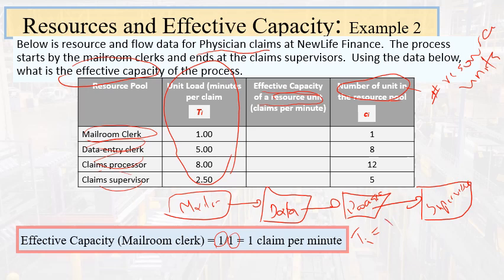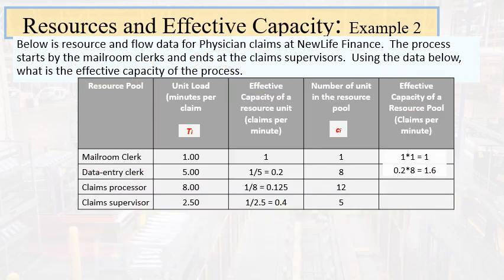So remember, the effective capacity is equal to 1 over Ti for one resource unit. And then for the pool, we just multiply that by Ci, just like we did in the previous example. So we get 1. Now we move on to the next resource pool, which is the data entry clerk. The Ti is 5.